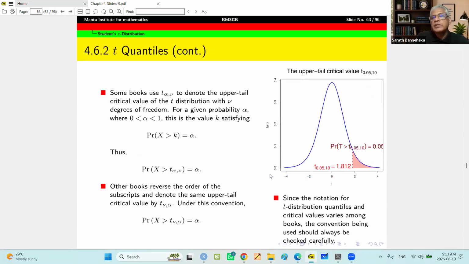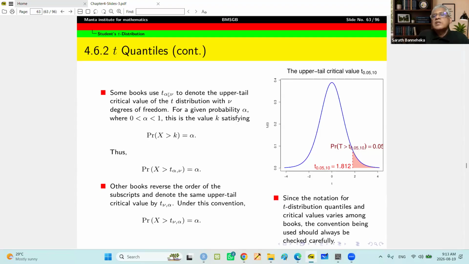The same value will be denoted by some other authors in a different way. For example, in some books, the same value will be denoted with the T alpha nu notation. It is the same, only that in this case, to denote the probability, they use alpha because it is related to the level of significance in a test of hypothesis, and it is related to the level of confidence in a confidence interval, right?